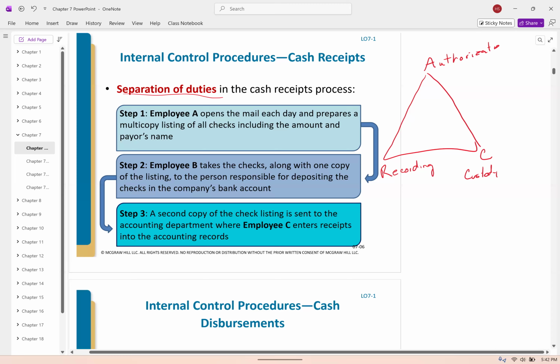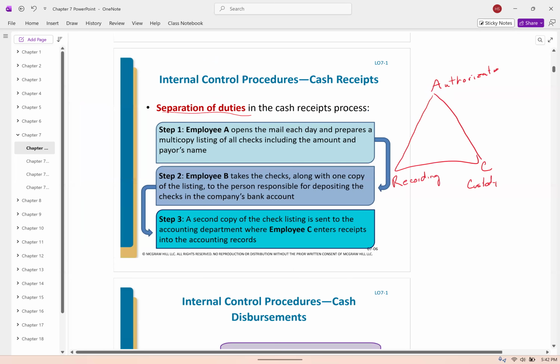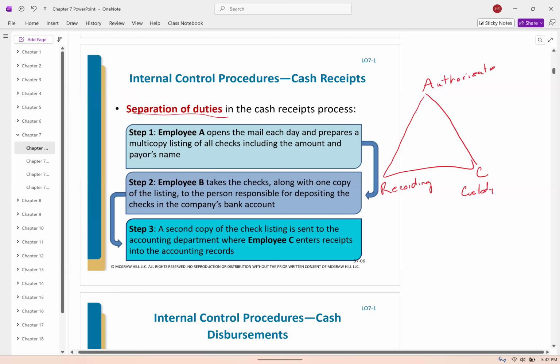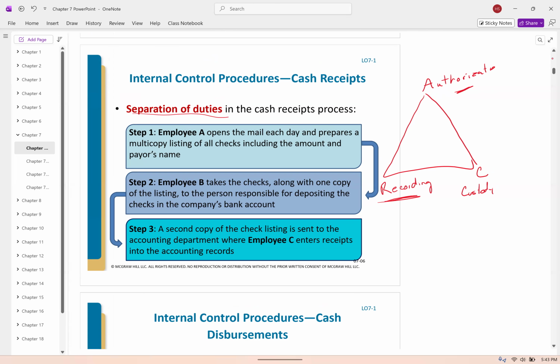It's a good visual. I had friends who pastored a church a long time ago, and I pulled this ARC out and showed them this is how we need to do it. And in that case, I really stayed separate. I was recording, I was the secretary, the pastor was the authorization.